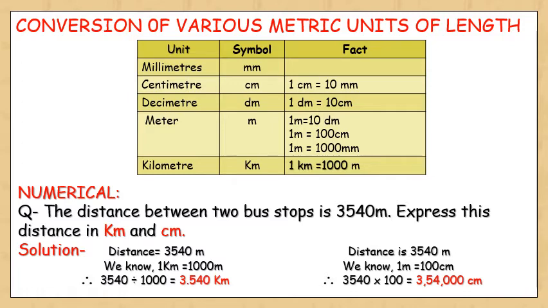Okay, just keep in your mind that if we are converting a smaller unit into the larger, then we have to divide, and if we are converting a larger unit into the smaller, then we have to multiply. So when we convert from meter to centimeter, we multiply 3540 into 100 and we will get 3,54,000 centimeter.